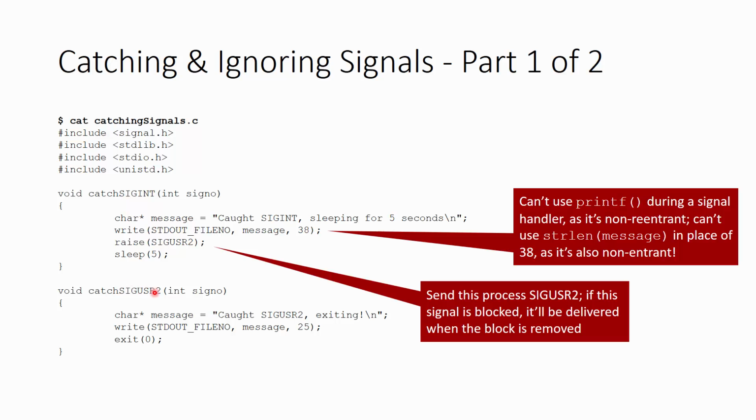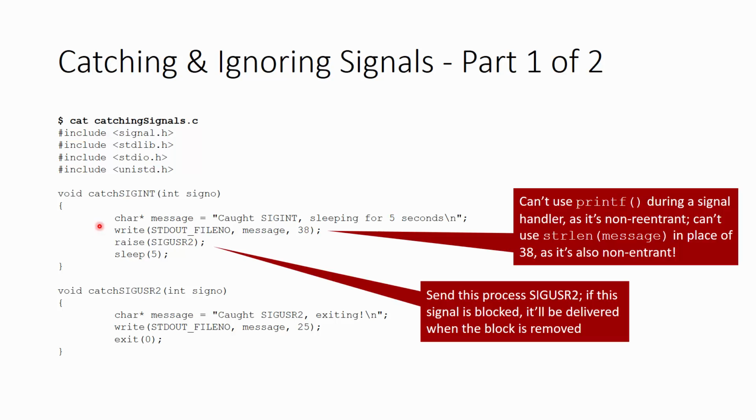And when SIGUSR2 is delivered, it invokes this particular function, which tells the user that it caught the SIGUSR2 signal and that it is exiting, and then it calls exit. So that is the mystery solved for why we would put raise in front of sleep. Of course, we could have done this in either order. We've simply done it in this one to show the effect here.